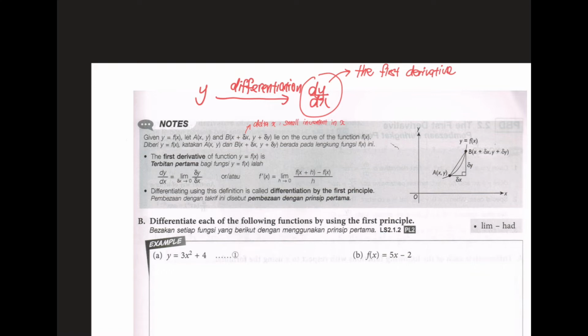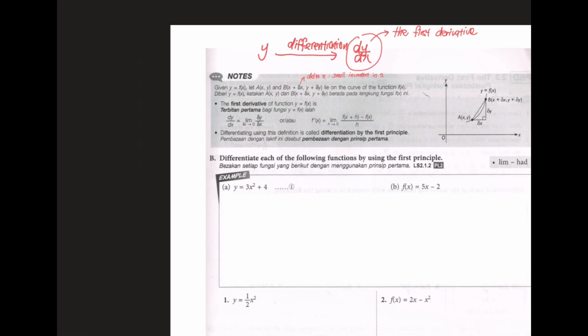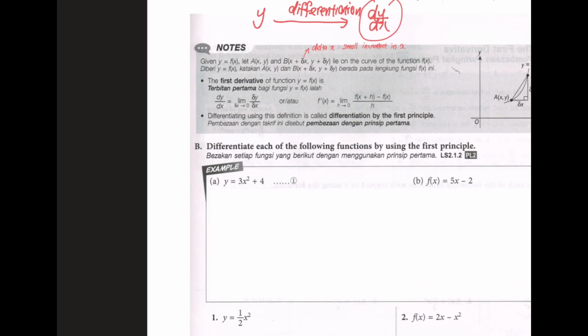Now let's see how I work it out. First of all, we have y equal to 3x squared plus 4. Now, what to do is, I want to increase a little bit on my y and increase a little bit on my x.